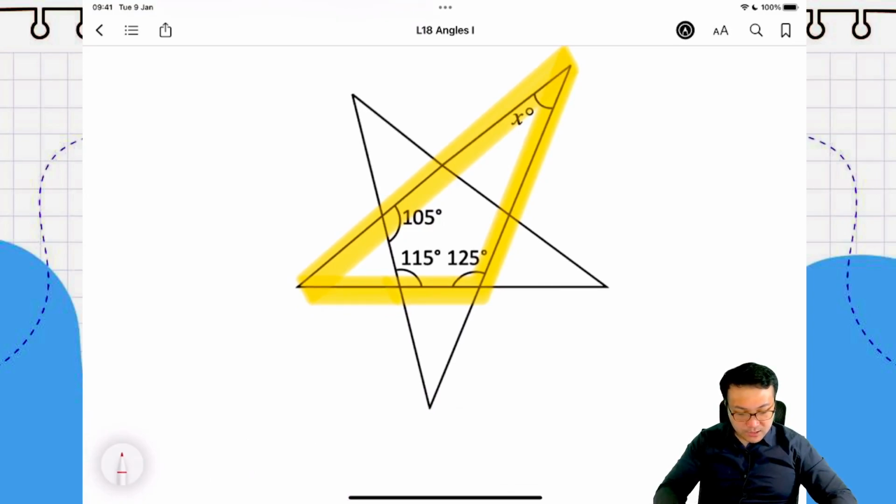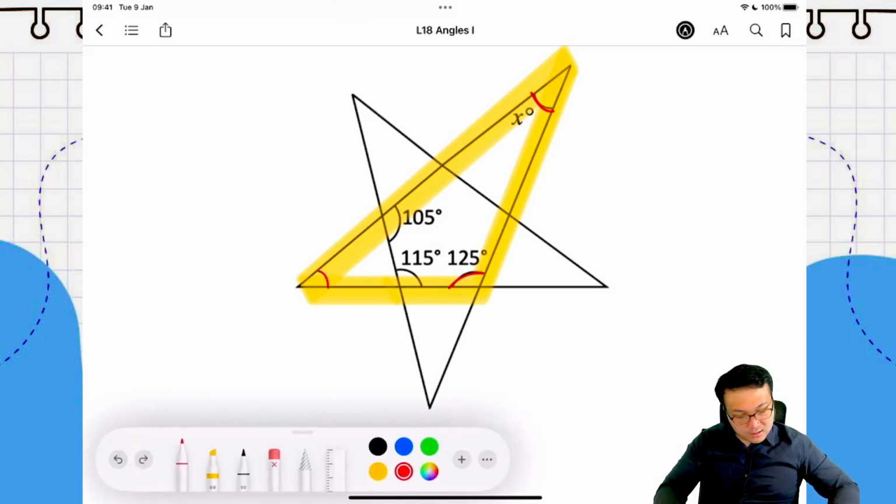So if we can actually find this angle, then we already know that the sum of angles in the triangle is 180. This is another angle in the triangle. This is another angle in the triangle. So if you can find this angle, then you take 180 minus this angle minus 125. You will get the value of angle X.